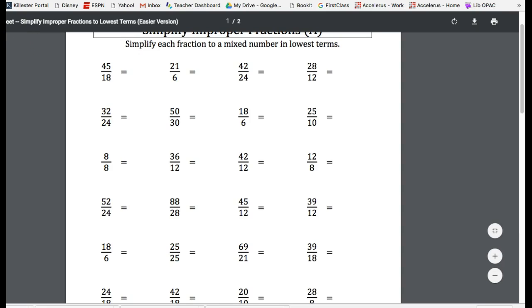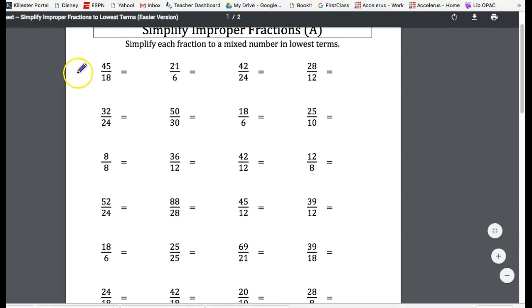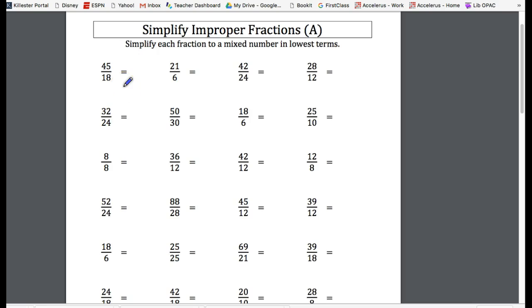Okay, so first of all, there are two ways you can do this. You can simplify it first by finding the highest common factor, or you can find how many wholes you have and then simplify.